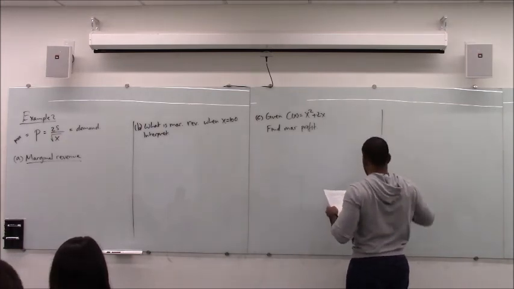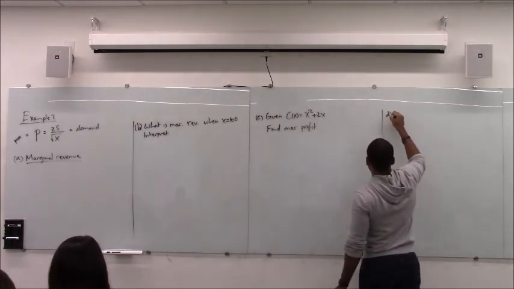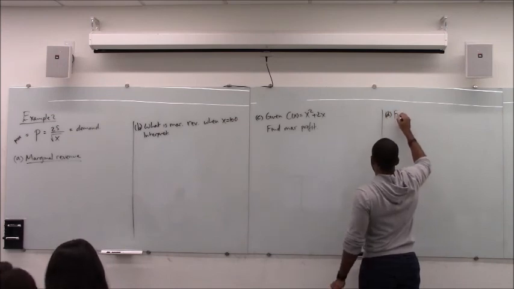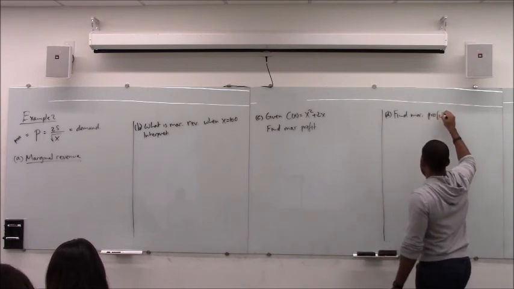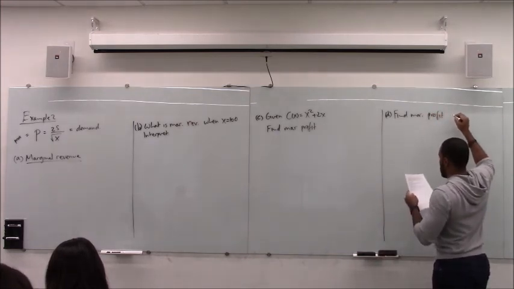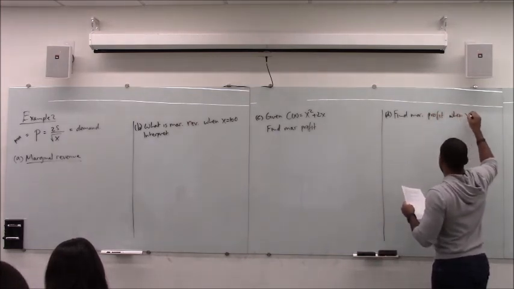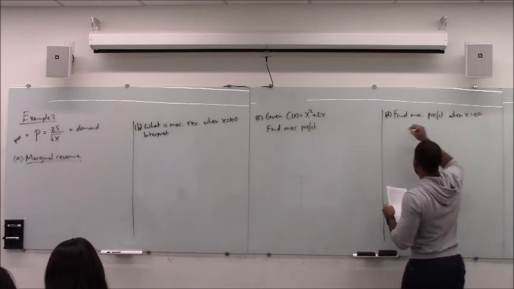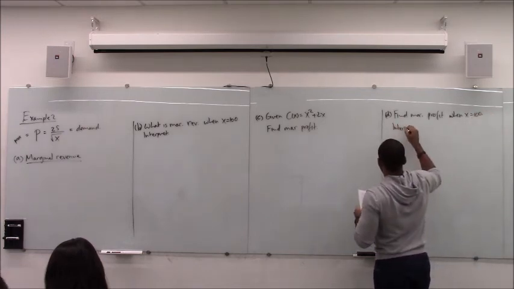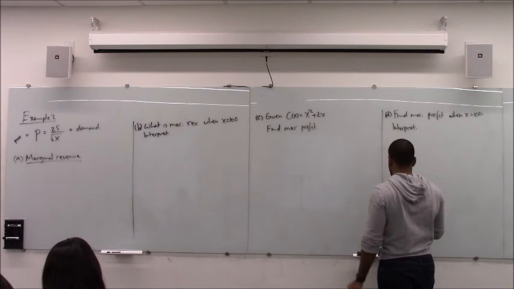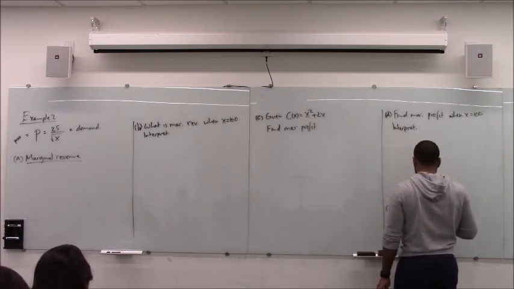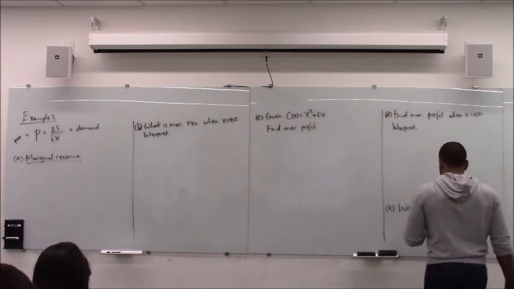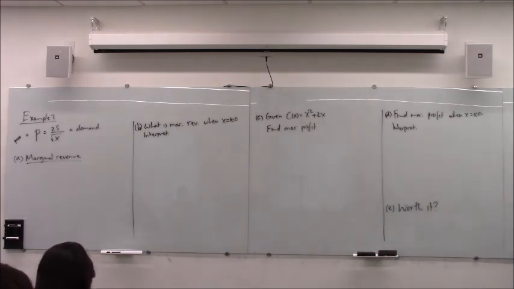Then D, find marginal profit when x equals 100. Interpret. And essentially now, E, we're going to find out, is it worth it? Meaning, if we're at 100 items, does it make sense to actually produce one more?